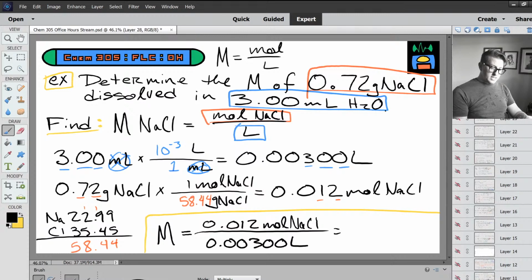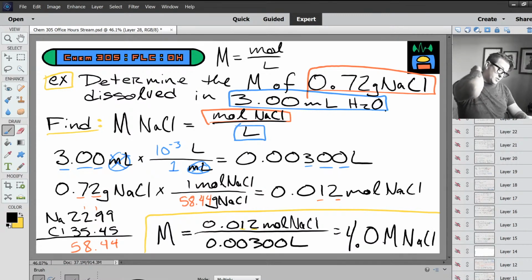Now, my calculator is telling me that my answer is just 4, but I know that I need 2 sig figs because of my numerator, so my correct answer with the correct number of sig figs will be 4.0, then my units are molarity. So a 4.0 molar solution of sodium chloride would be my final answer there.